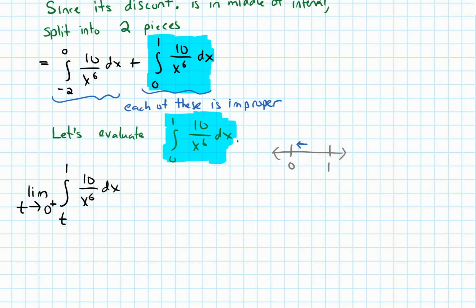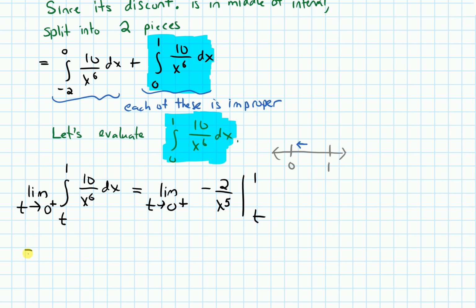Okay, so what does this equal? We get the limit as t approaches 0 from the right. And we actually did the antiderivative of 10 over x to the 6th already. So we got that was -2 over x to the 5. And then I have to plug in 1 and t.